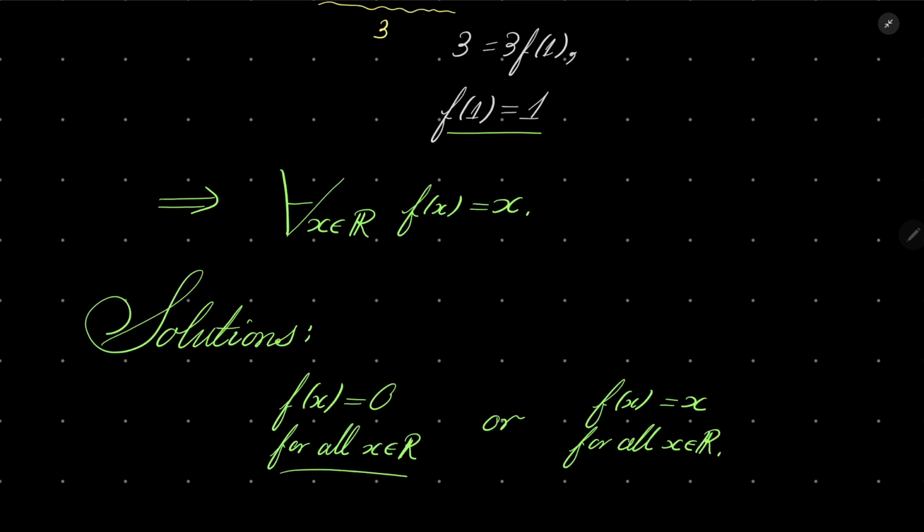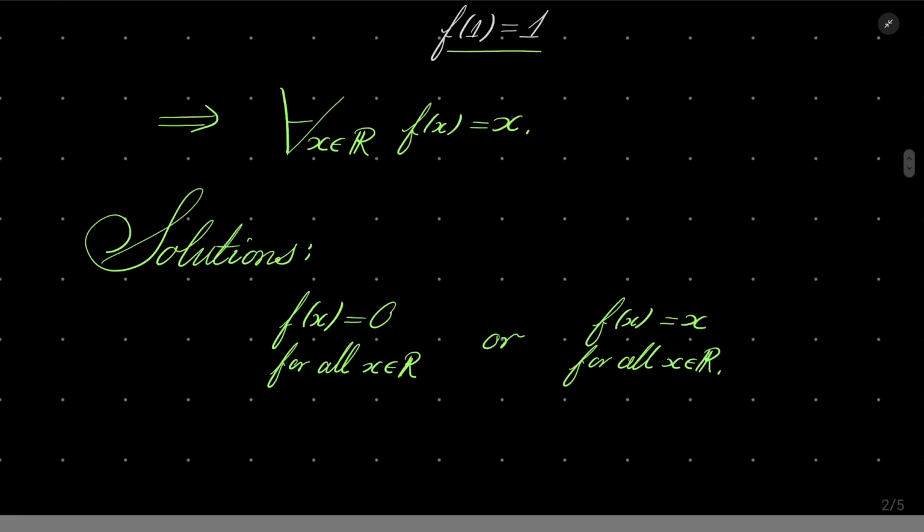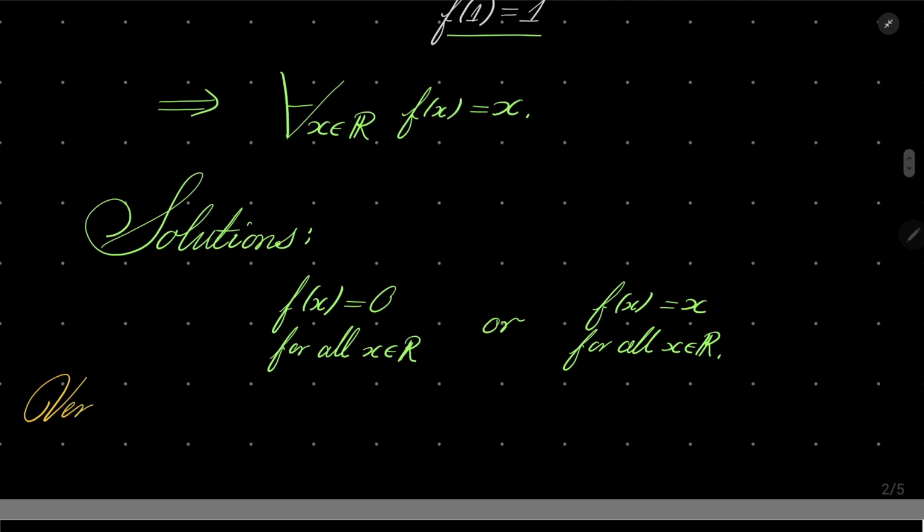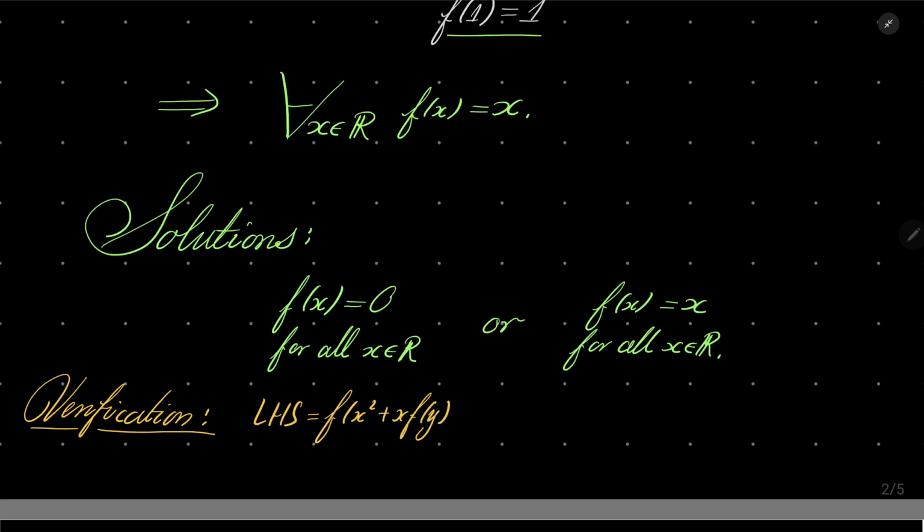The function which was constantly 0 has been already verified, but what about the other function? On the left-hand side, we have f of x squared plus x times f of y, so it's x squared plus xy, and that happens to be x plus y times x, so it's x plus y f of x, which is on the right-hand side.